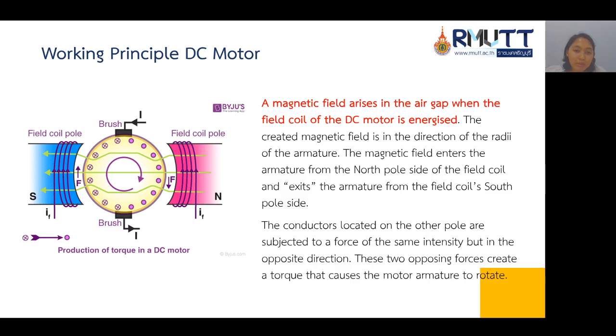The working principle of the DC motor, just shown like in this picture: a magnetic field arises in the air gap when the field coil of the DC motor is energized. The created magnetic field is in the direction of the radii of the armature.